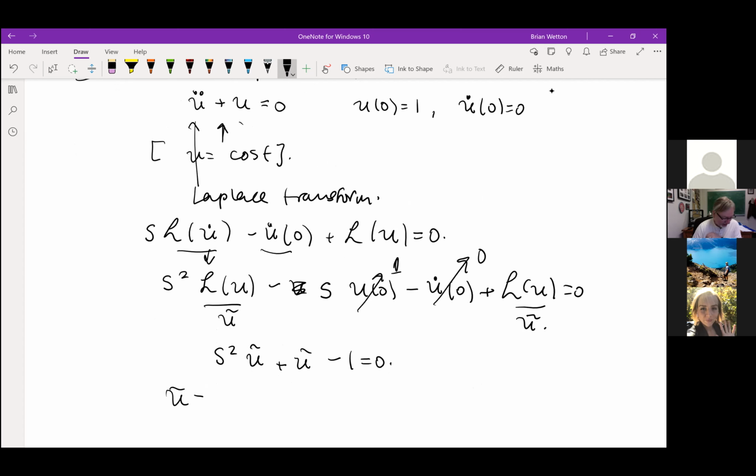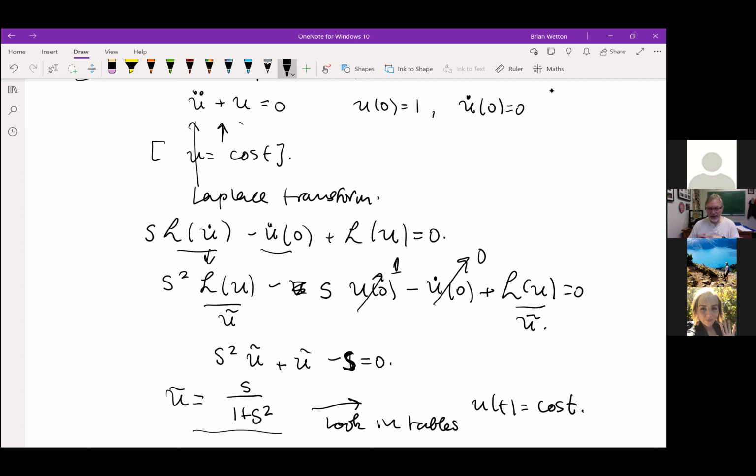That gives me U tilde is s over 1 plus s squared. And then I look up in tables for this transform, and I see that u of t is cosine t.